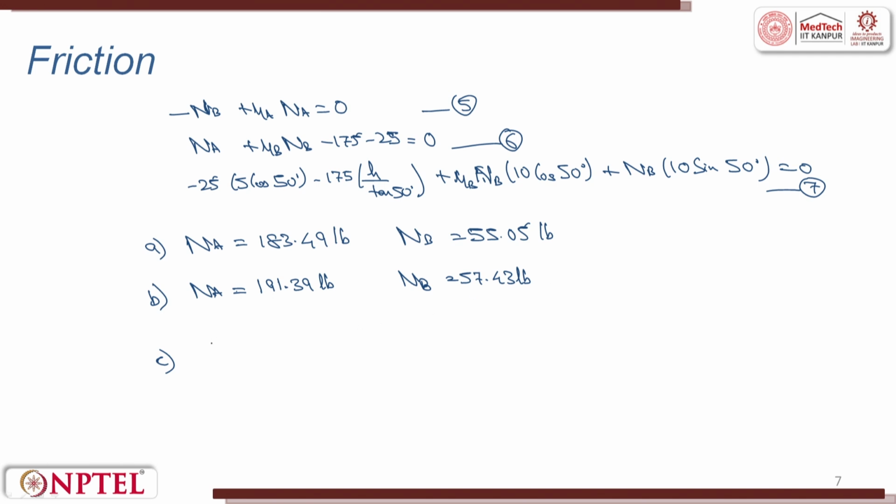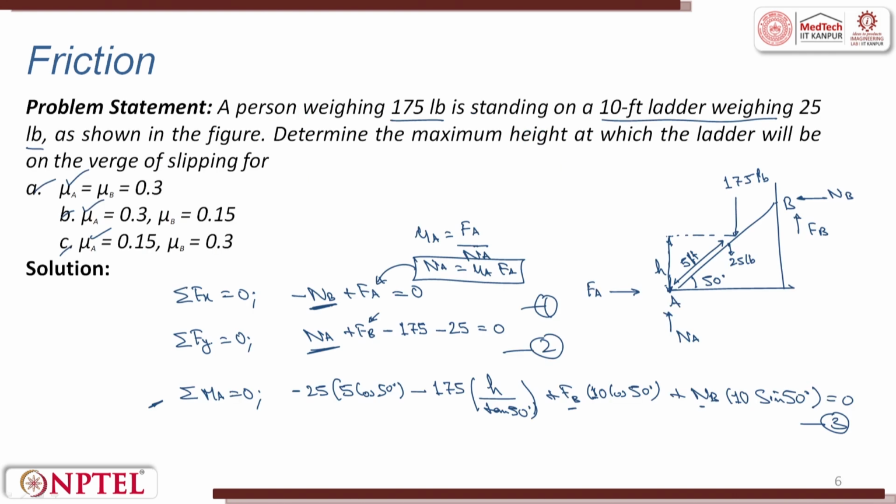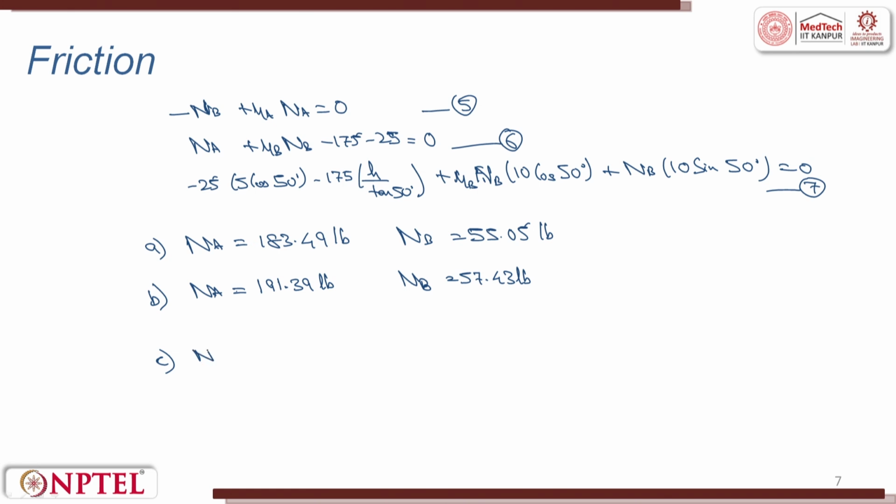And for the third problem, that is nu A is 0.15 and nu B is 0.3, the value of Na gotten is 191.39 pounds and for Nb it is 28.71 pounds. And for the first one, we got the value of h, the height at which the person is standing, h is equal to 3.05 feet.